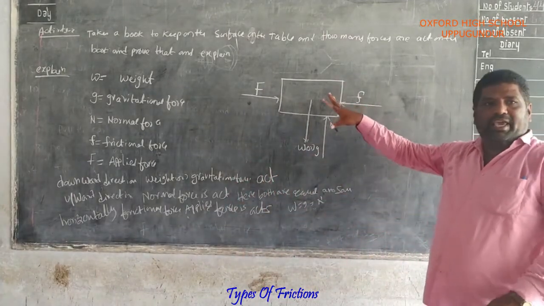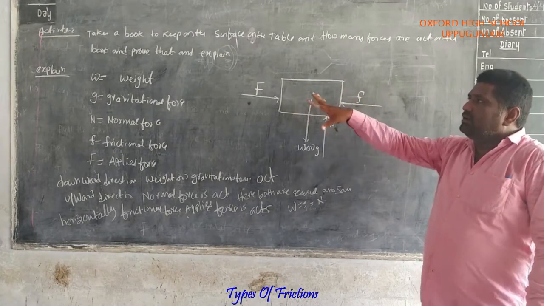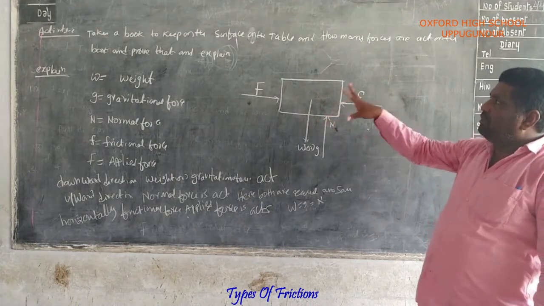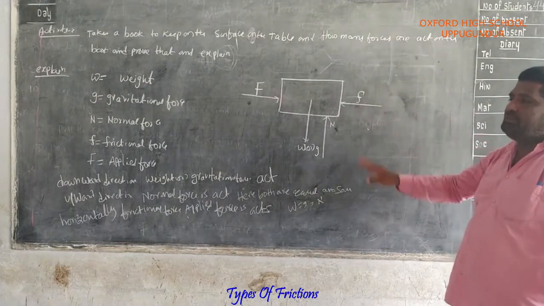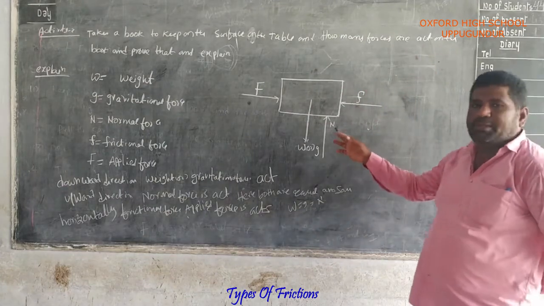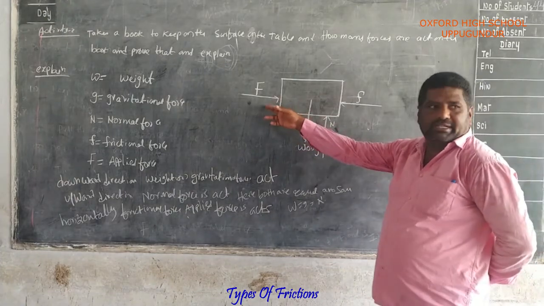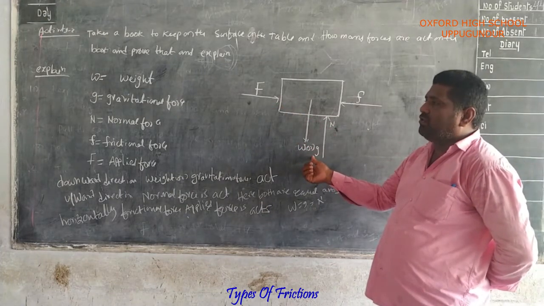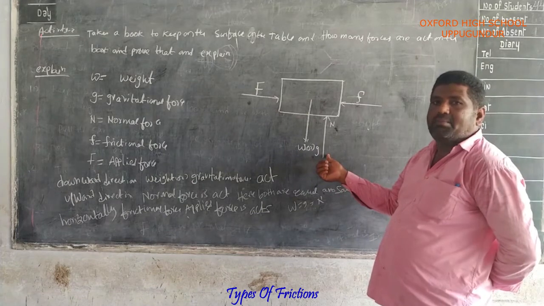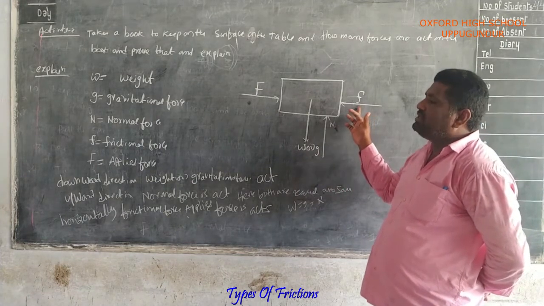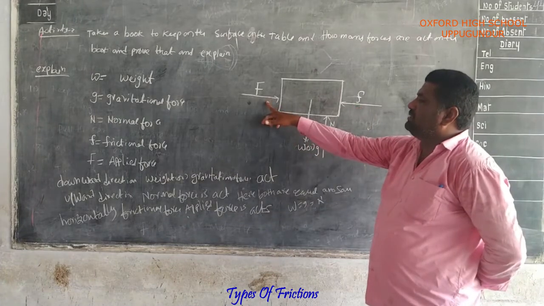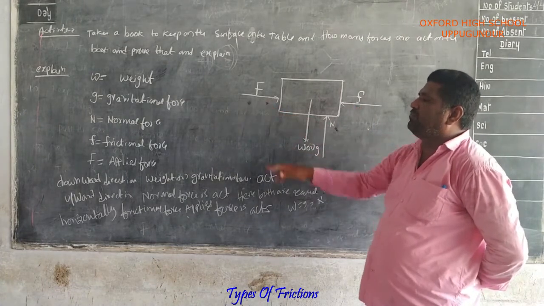These are briefly the explanation: one book is kept on the table, how many forces are acting on the book, explain and prove that. First of all, in this picture, W is equal to weight, G is equal to gravitational force, N is equal to normal force, small f is equal to frictional force, and capital F is equal to applied force.